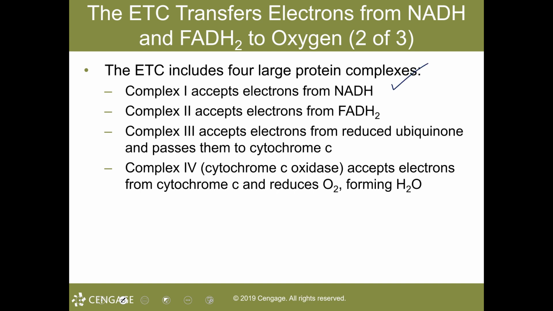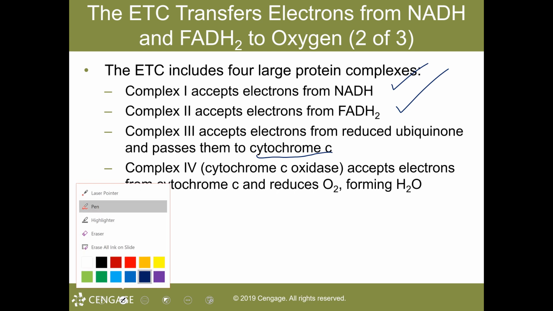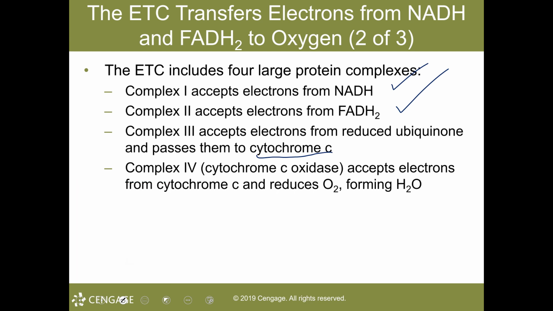There you have the NADH, the FADH2, and the reduced ubiquinone, passing them on to cytochrome C. At the very last bullet, we have cytochrome C oxidase, which accepts the electrons from cytochrome C and reduces oxygen, ultimately forming water, which is H2O.